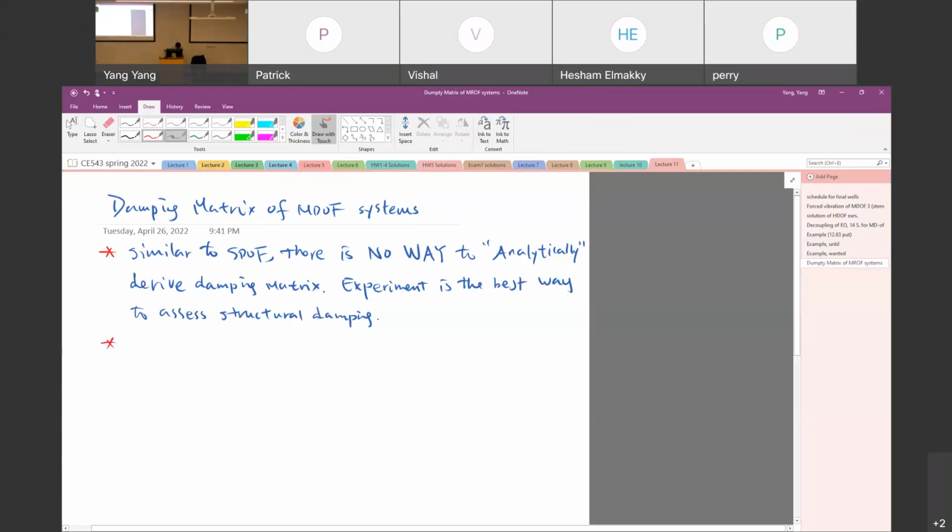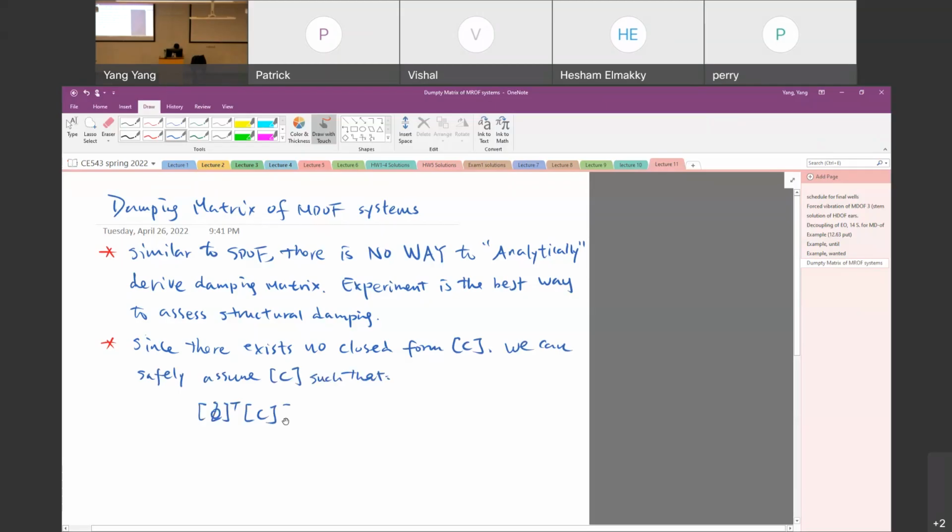And that's why, as you remember, when we decoupled the equations of motion, since there exists no way to derive the matrix analytically, we can safely presume that C is also a diagonal matrix.